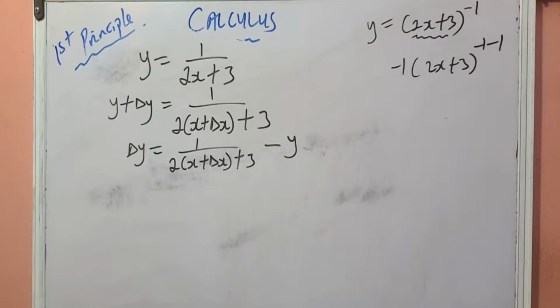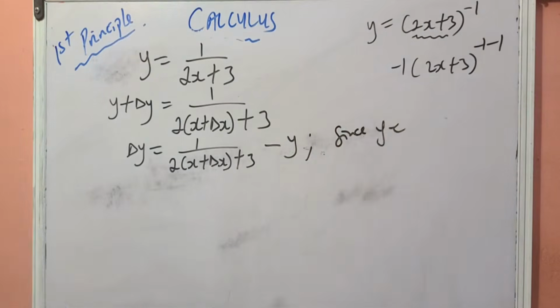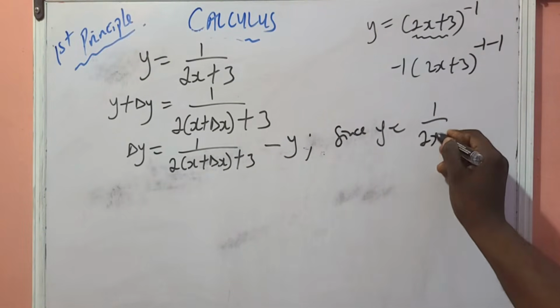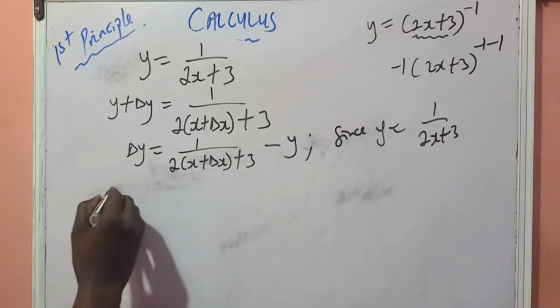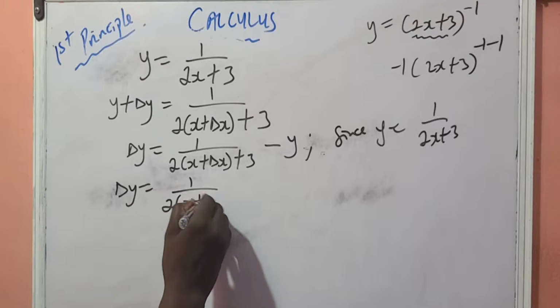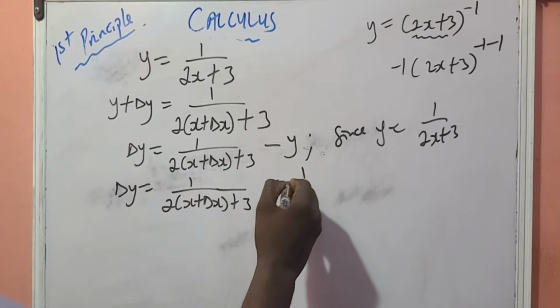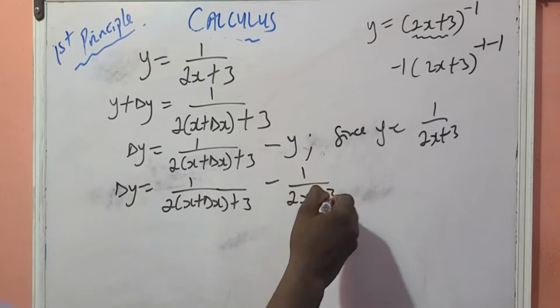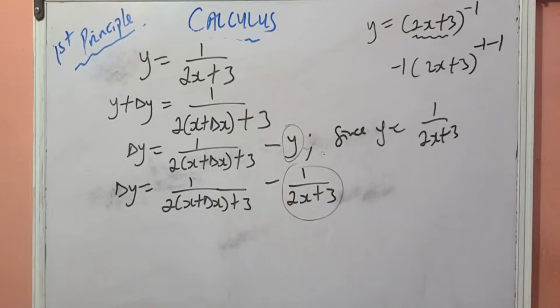But I'm sure you understand that since y is equals to 1 over 2x plus 3, obviously you want to say change in y is equals to 1 over 2x plus change in x plus 3, minus 1 over 2x plus 3. That means I'm fixing in my y now as 1 over 2x plus 3.